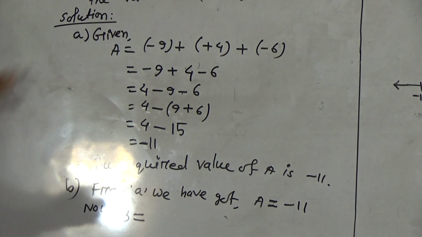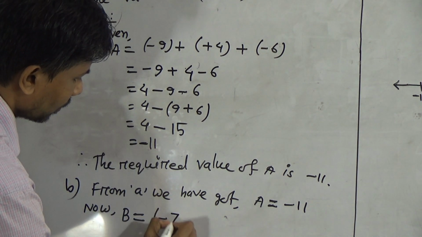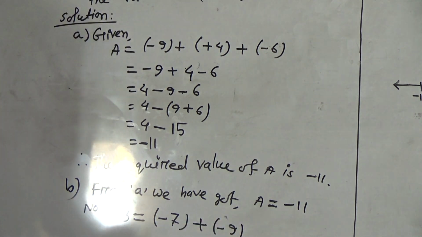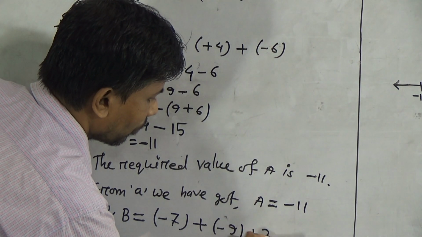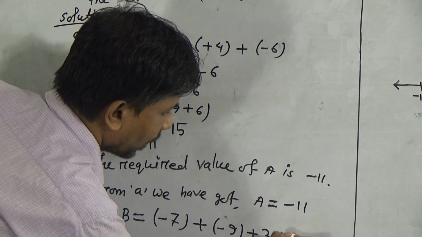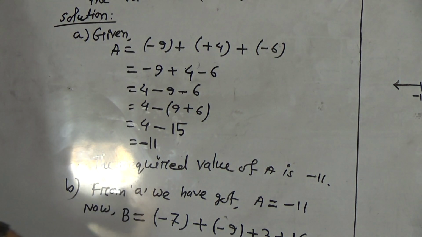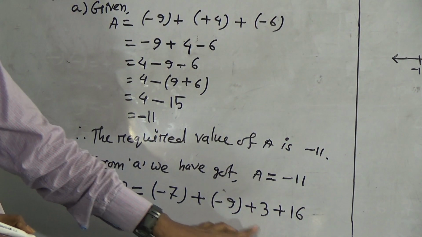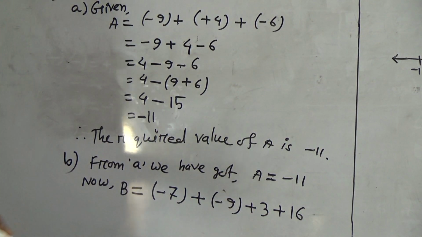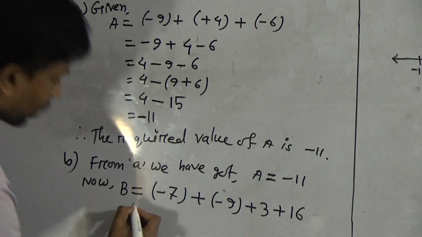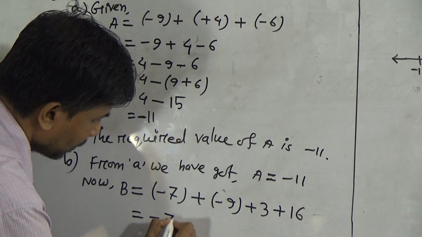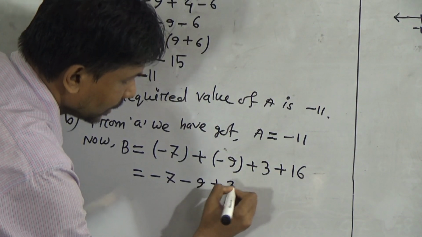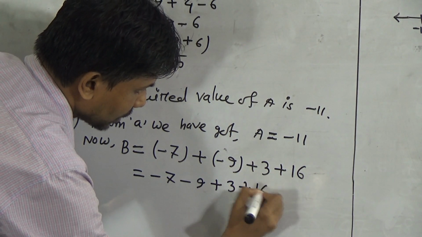Given B equal to -7 plus -9 plus 3 plus 16. This information has been given in the stem. Now we have to calculate -7 plus -9 plus 3 plus 16.